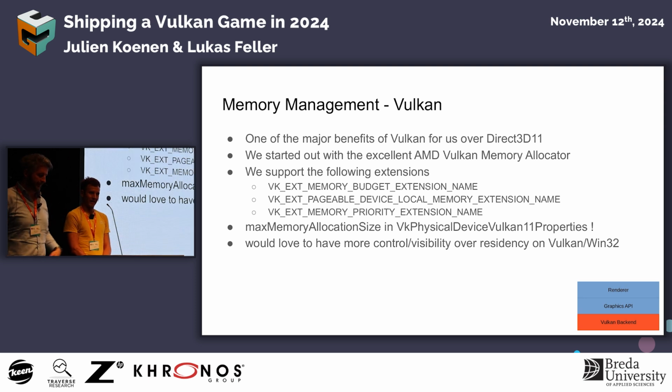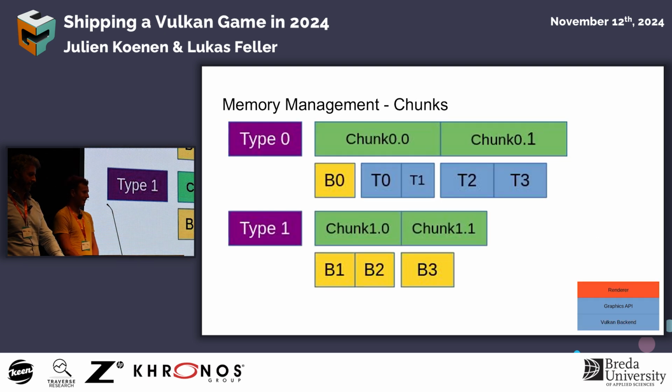It would be very nice to have more information from the operating system about how much memory we can safely use, or when memory is about to be demoted or when it was demoted, to maybe find a better solution that would fit our game more, to promote memory again. Basically, that's what our memory management looks like.